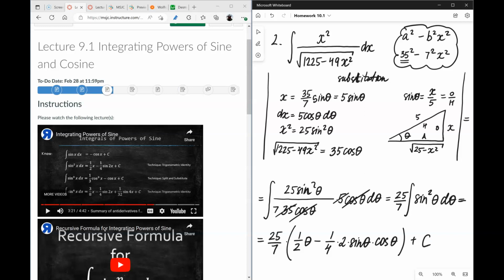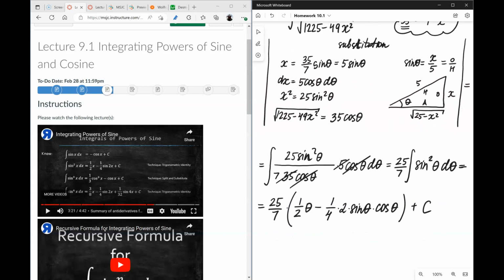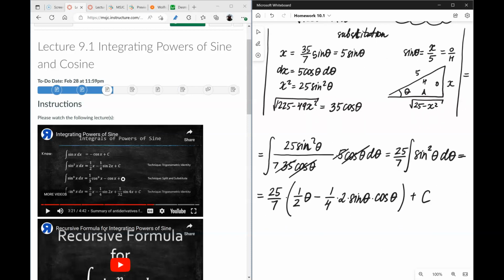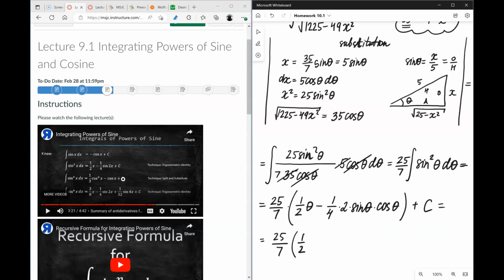The reason I've done that is because, remember, we need to go back to x. To go back to x means we need to express everything in terms of theta back in terms of x. So instead of theta, we now have to write arc sine of x over 5.